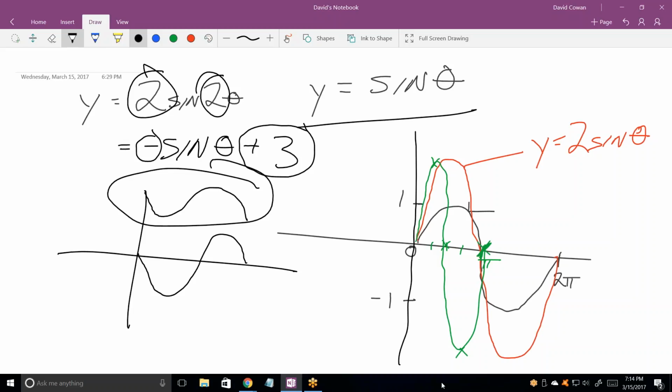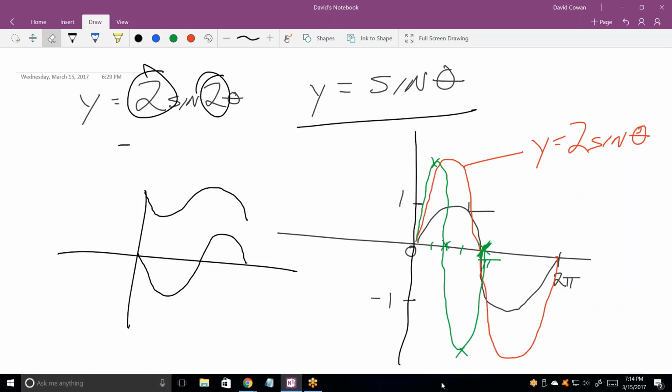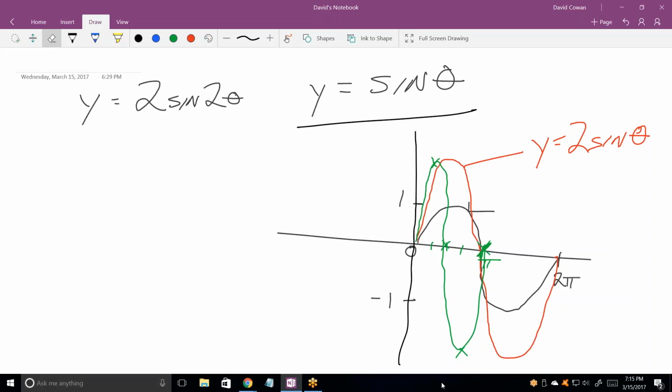So you have to do your reflections first. Whether the reflection is about the x-axis or the y-axis doesn't matter. Just do all your reflections first. And if you have 2 reflections, it doesn't matter what order you do them in, just as long as you do your reflections before you do anything else.